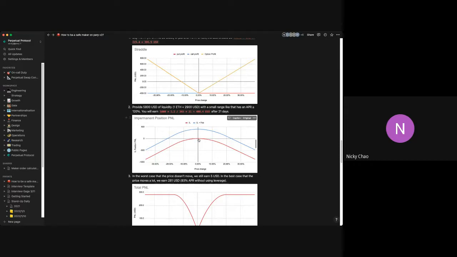The position size is 0. And when the price goes up to the upper price, we have a total of shorting 1 ETH. So the average price is somewhere in between. If we can move the strike price here, we are basically longing 1 ETH and shorting 1 ETH at the same price, so we can be perfectly hedged. And that's the reason. Okay, thanks.